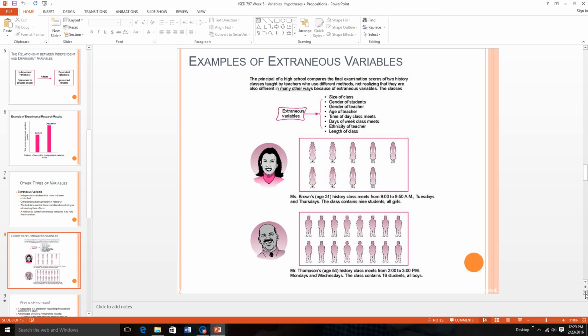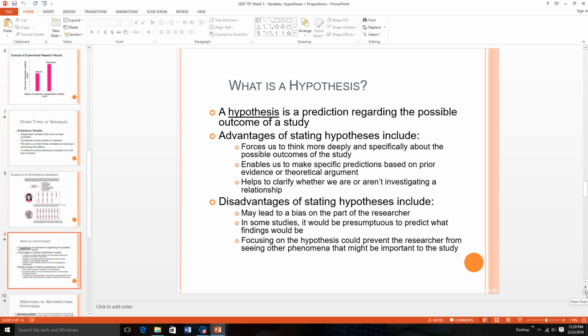For example, the size of the class, the gender of students, the gender of teacher, the age of teacher, time of day the class meets, days of the week the class meets, ethnicity of the teacher, and length of class. These are all alternative explanations potentially for the outcomes. And if you look more closely at the description of the classes, it's possible that these extraneous variables could explain the outcomes of the experiment.